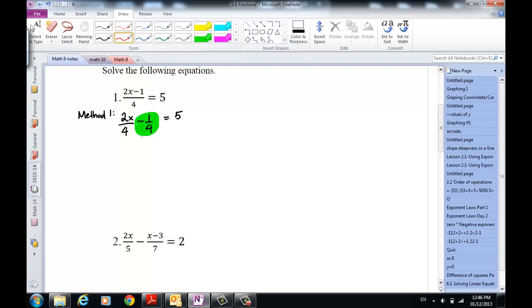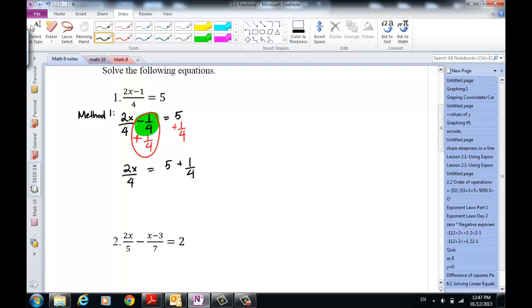So I'm going to simply add a quarter to each side. The reason I'm adding a quarter to each side is because something that's negative plus itself is going to equal 0. Which means what we're left with is 2x over 4 is equal to 5 plus 1 quarter.